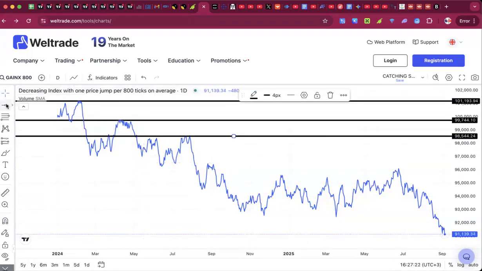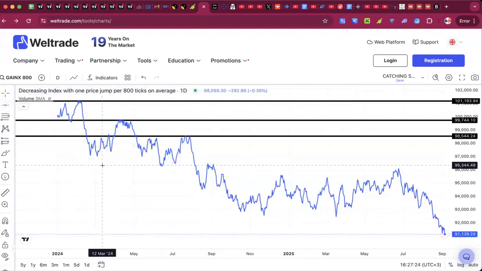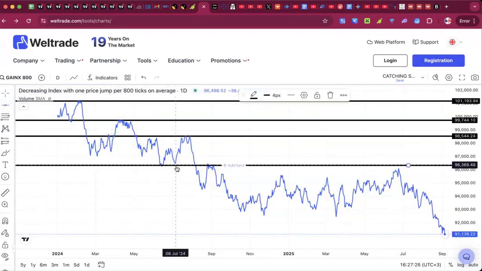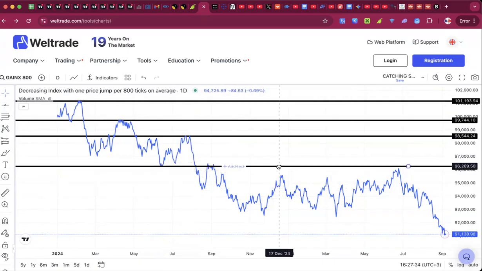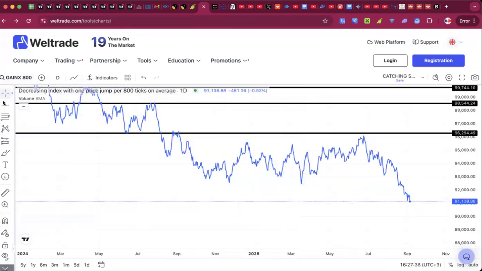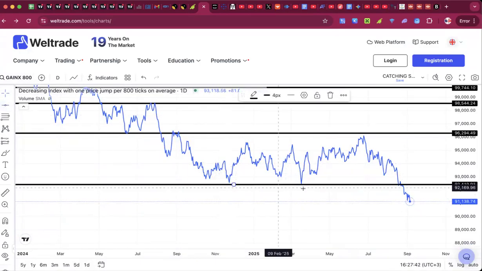Just marking those key levels. Let's see which one has more touch points. I think we just keep it this way. Just follow me. It's going to be systematic and you have to pay rapt attention.